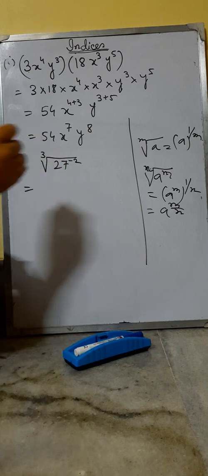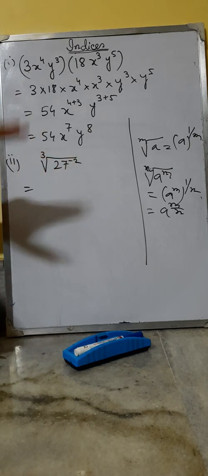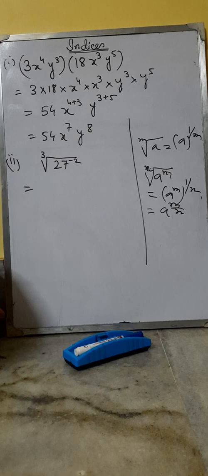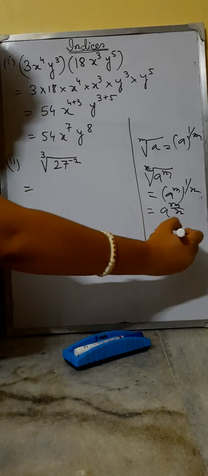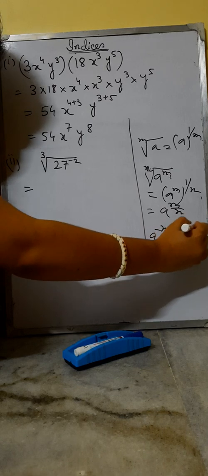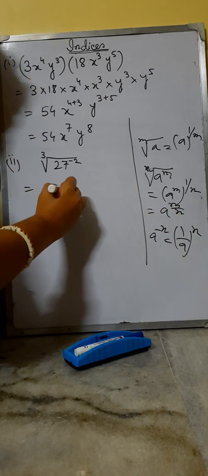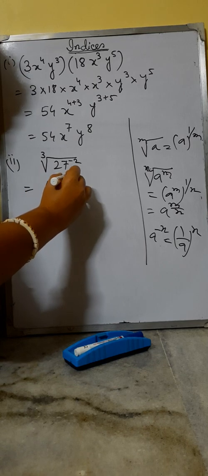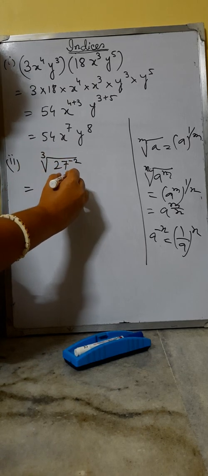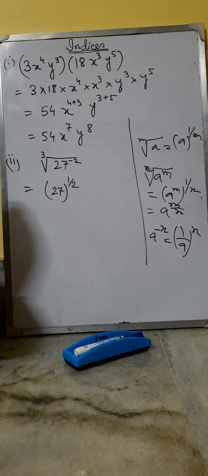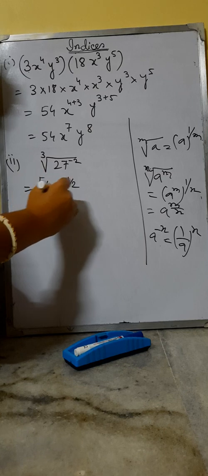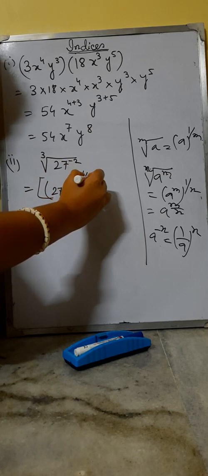Now in this case, power is minus 2. What did I say in the laws of exponent? Suppose a to the power minus n, what do you write? 1 by a whole to the power n. So you have to write 27 whole to the power minus 2 into 1 by 3. Now this 3 also you write in this format, 1 by 3.